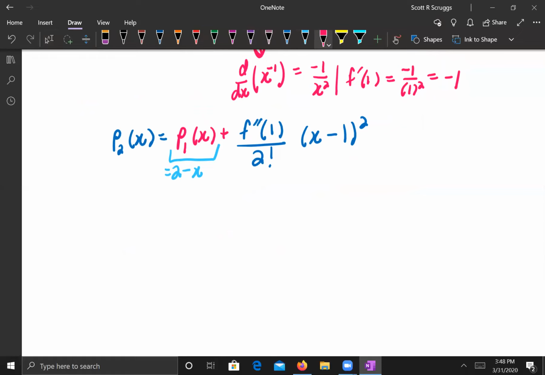And now let's go ahead and calculate the second derivative evaluated at 1 divided by 2 factorial.